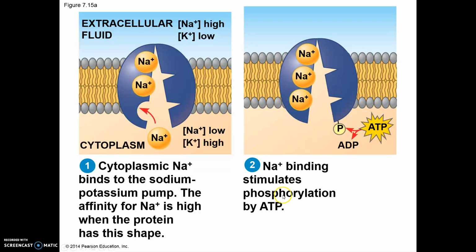That is going to stimulate the phosphorylation of ATP. So we're hydrolyzing ATP, but instead of just releasing that phosphate out, we're transferring that phosphate onto the protein itself. Now we've harvested part of the energy of this hydrolysis, but not used all of it, by popping it onto the protein itself.